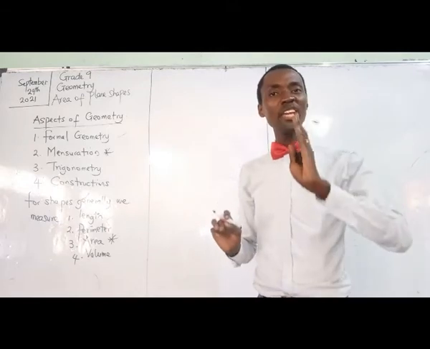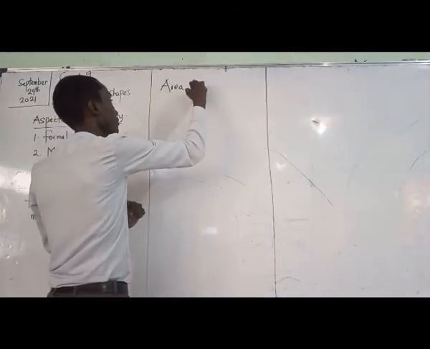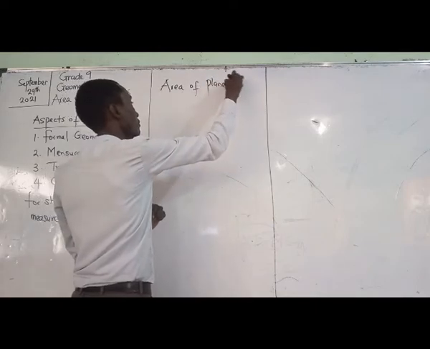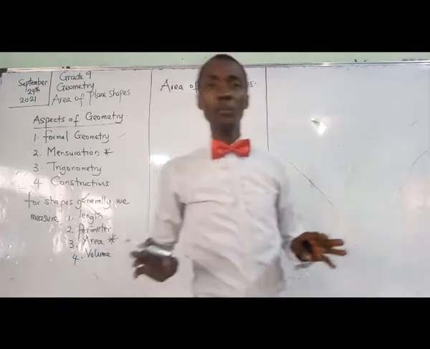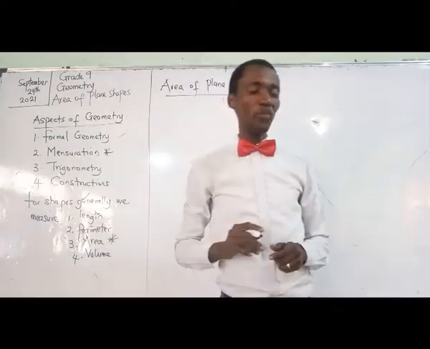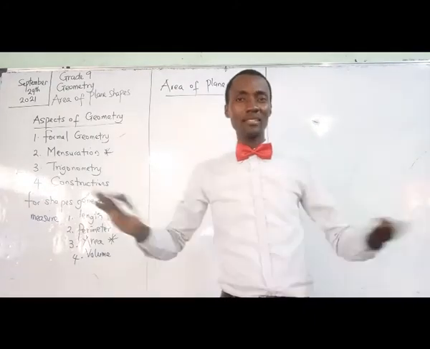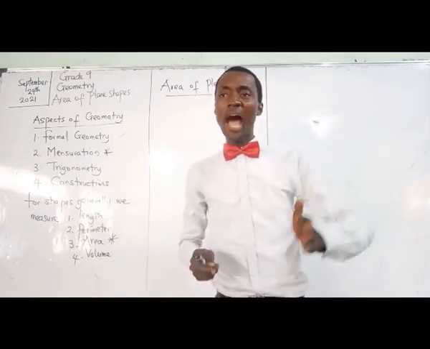Area of plane shapes. To keep it very simple, when we talk about plane shapes, we are talking of any shape that is flat, that we can appreciate in terms of its length and its breadth.